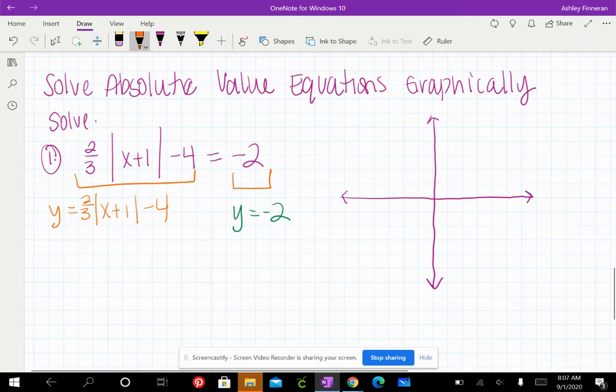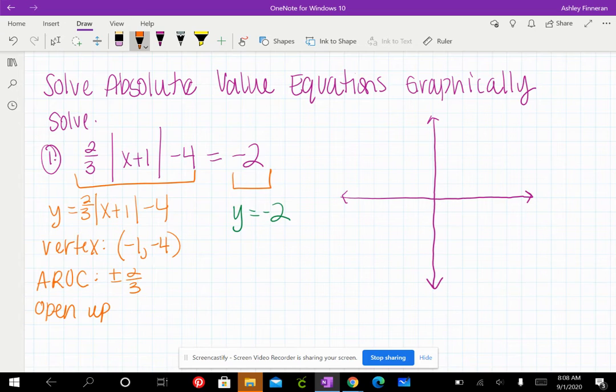All right, so first, my vertex for my absolute value function is -1, -4. The average rate of change of the two sides are plus or minus 2/3. And I know that this absolute value function is going to open up. So I am at -1, 1, 2, 3, 4.